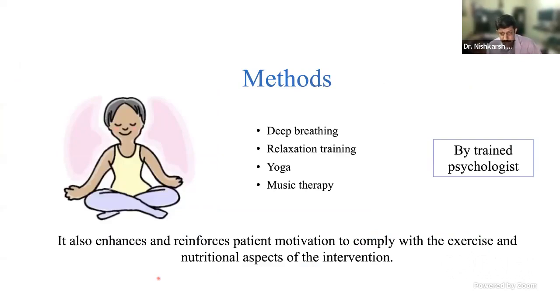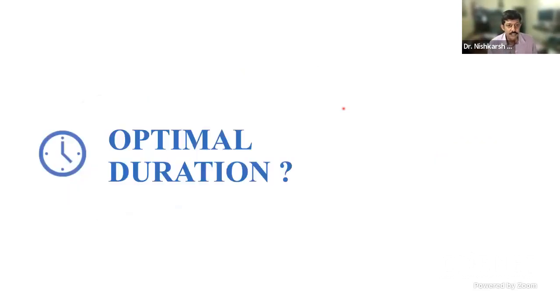And the methods, we know, are deep breathing, relaxation, yoga therapy, and music therapy. The important thing is it has to be done by a trained psychologist. It also enhances and reinforces motivation of the patient to comply with the exercise, and they tend to be happy, and they also take care of the nutrition better if a good method for anxiety reduction is done.